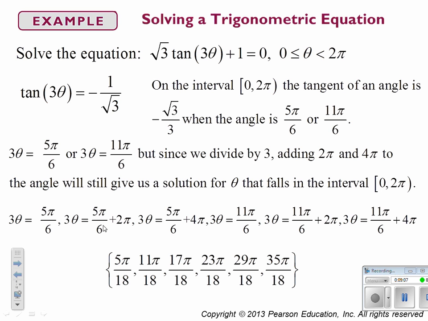So we get 5 pi over 18, 11 pi over 18, then we add 2 pi to that: 17 pi over 18, 23 pi over 18, 29 pi over 18, and 35 pi over 18. We have to include all those solutions between 0 and 2 pi.